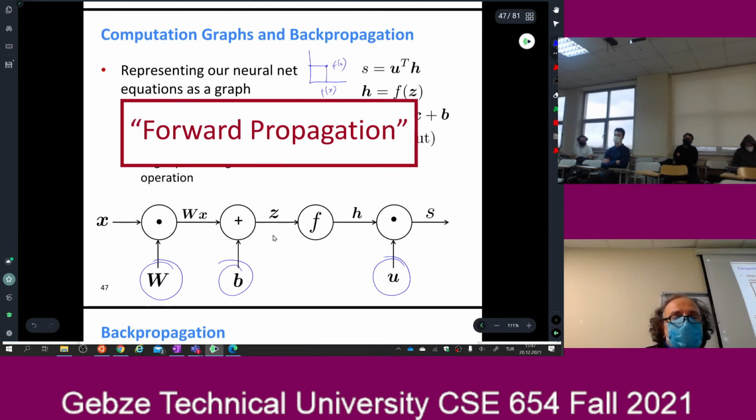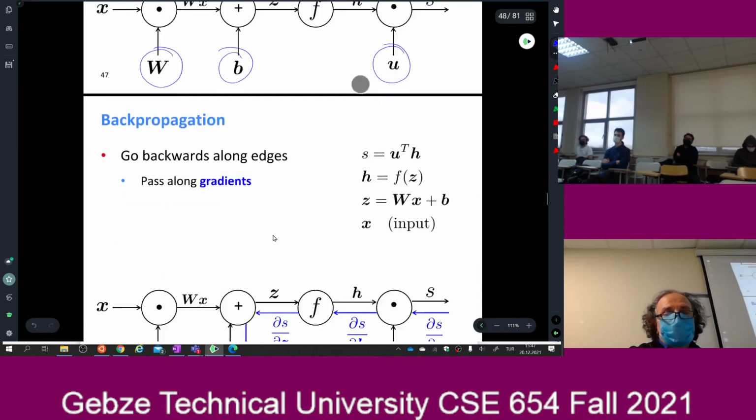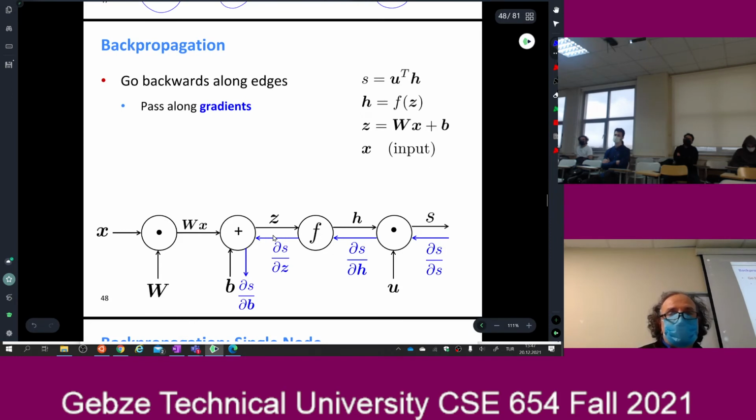So we start our training phase by assigning random numbers to these unknown weights, W, B, and U. Just random weights.